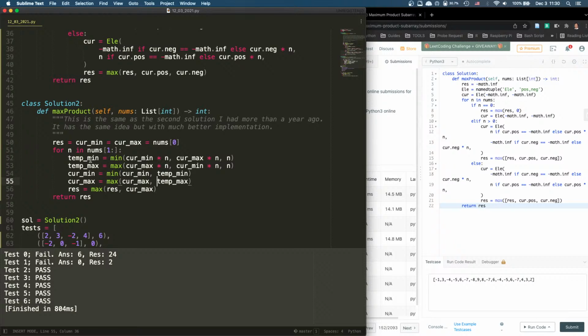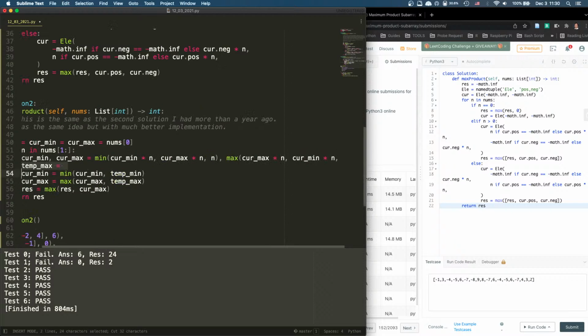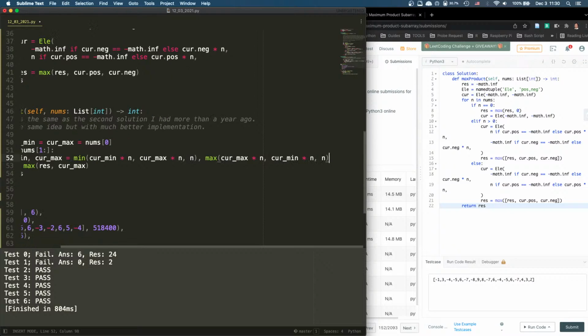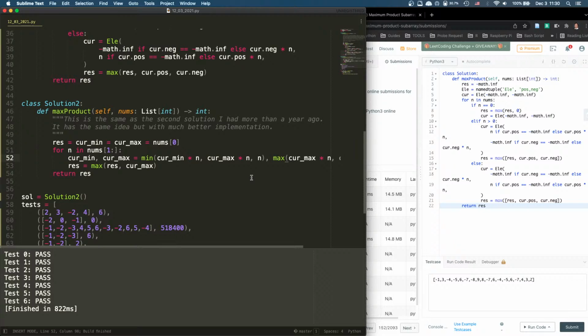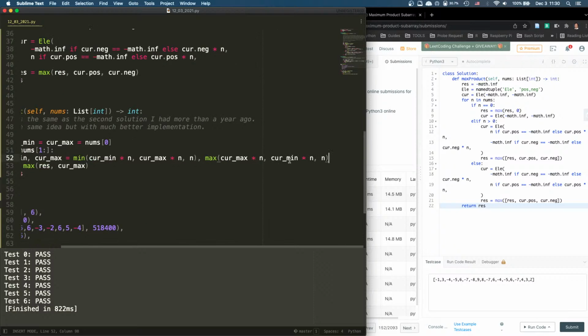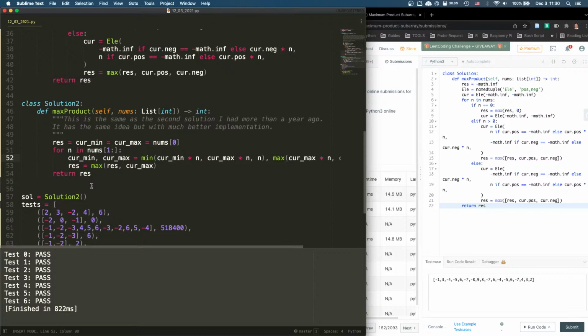So in that case, I do think we can just go current min, current max equals this and this. There we go. So current min is current min, current max. Now we multiply, and then we compare this also to n. That's the key part to get the min value at the current point, the maximum value at the current point, and then we assign. Yes, this one makes more sense now.